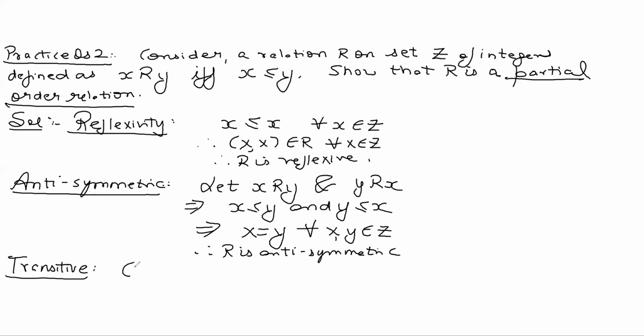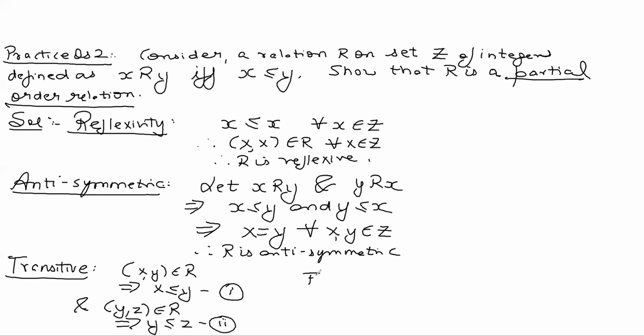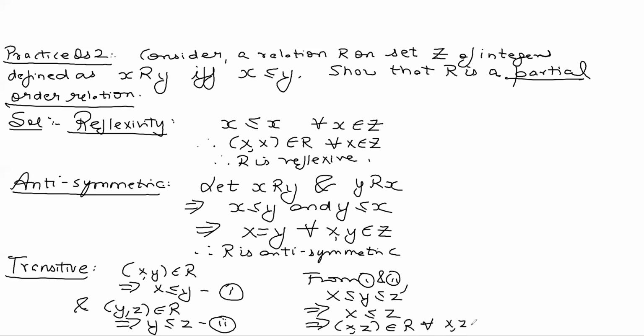So x comma y belongs to R implies x is less than or equal to y, and y comma z belongs to R implies y is less than or equal to z. So from 1 and 2, x is less than or equal to y less than or equal to z, which implies x is less than or equal to z, which implies x comma z also belongs to R for all x and z belonging to the set of integers.